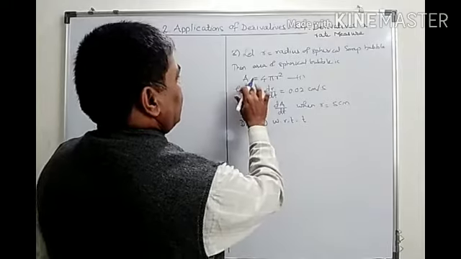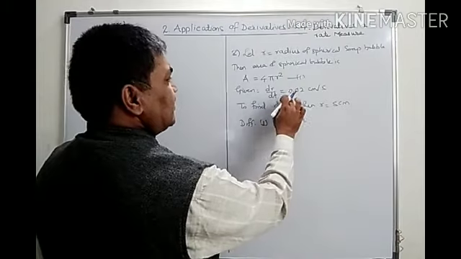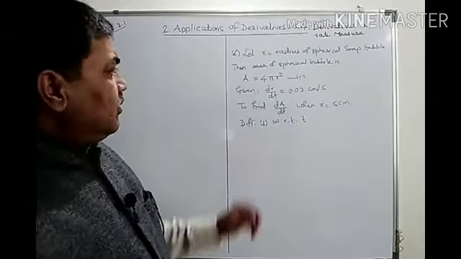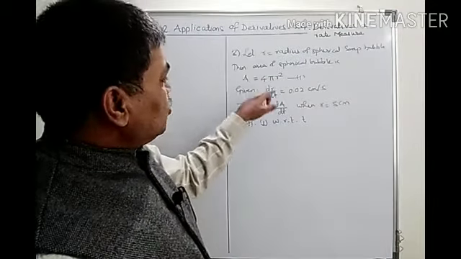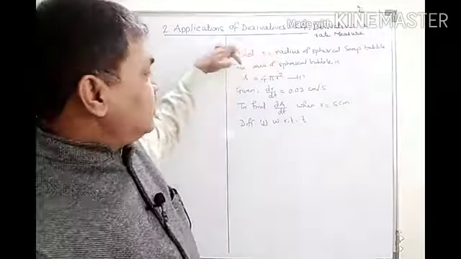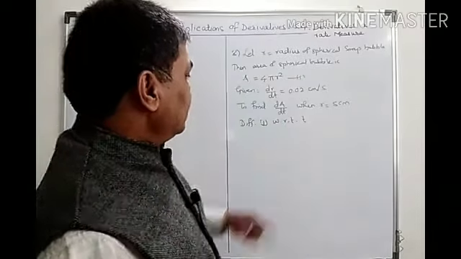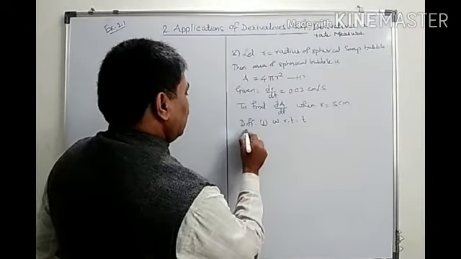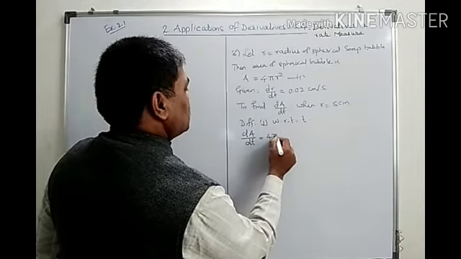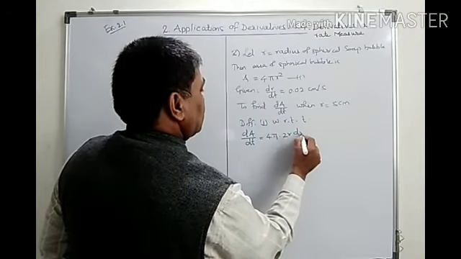Here A depends on r and we are given that the radius increases at the rate 0.02 centimeter per second. Since A depends on r, A is also a function of t. When there is some change in r with respect to time, there is also change in A with respect to time. So dA by dt is equal to 4 pi, which is constant, times the derivative of r square, which is 2r into dr by dt.